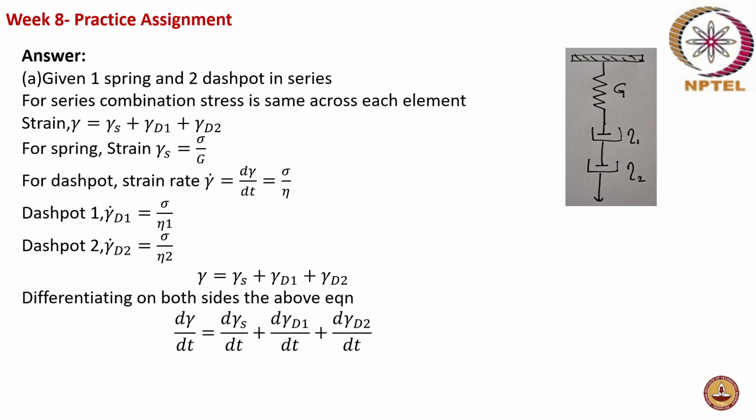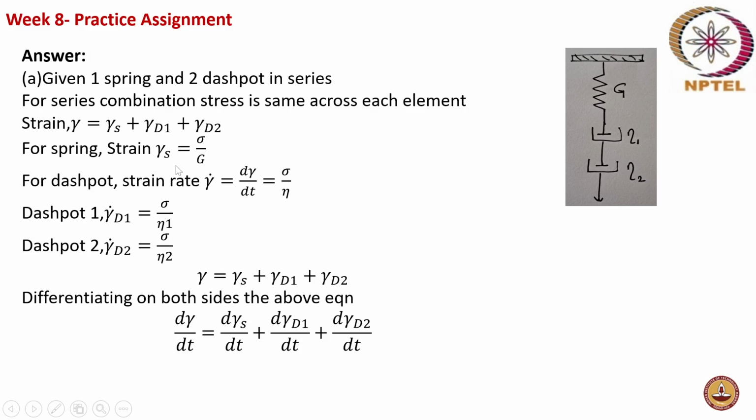So d gamma by dt is equal to d gamma s by dt plus d gamma d1 by dt plus d gamma d2 by dt. We know the relations for d gamma 1 by dt and d gamma 2 by dt from the dashpot elements, because they are already in terms of strain rate. But what about the spring element? We just have to differentiate this expression.